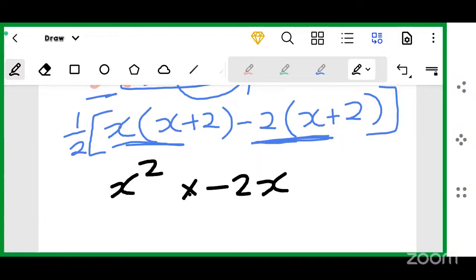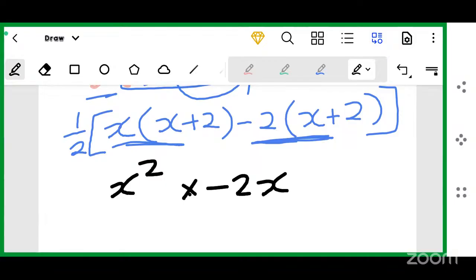Then on the right hand side we're going to write a half. And on the right, you're going to write 2.